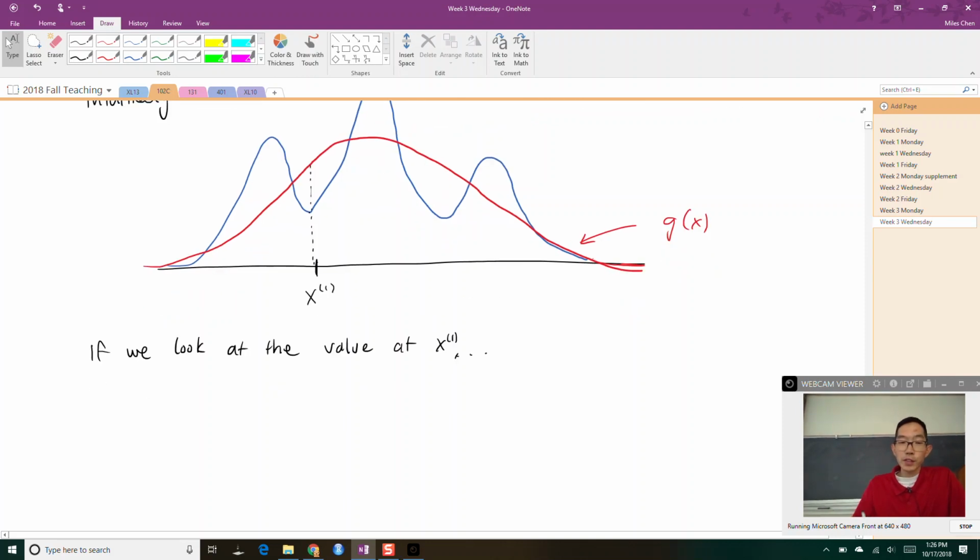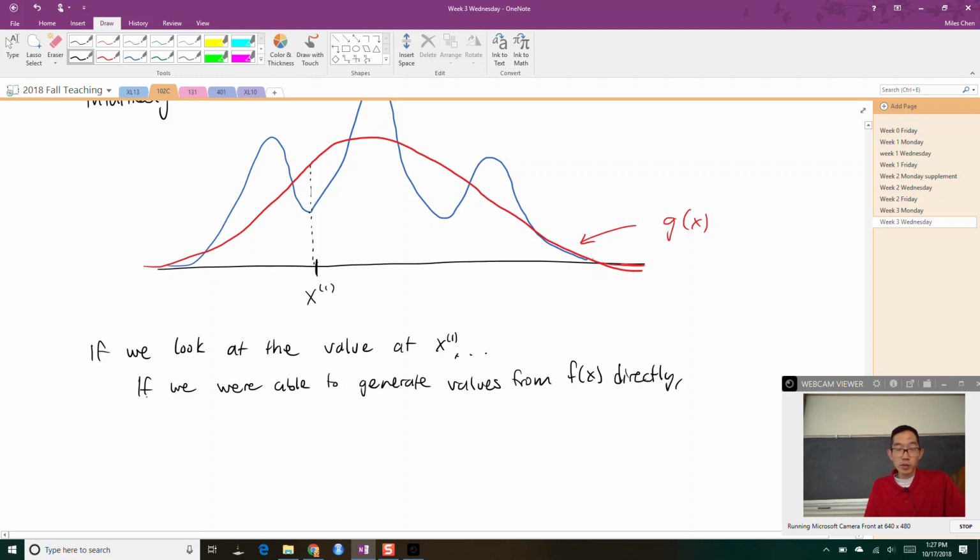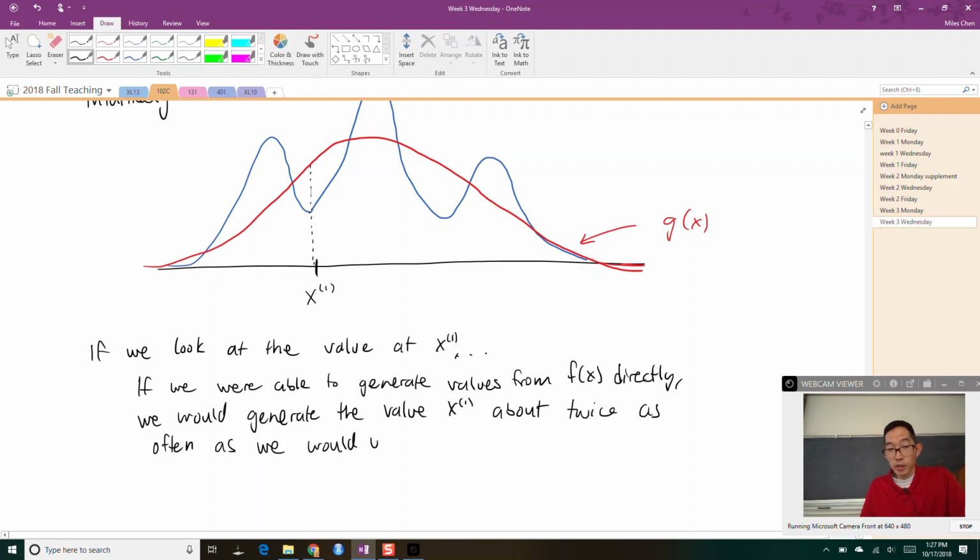If we were able to generate values from f of x directly, we would generate the value x1 about twice as often as we would when we sample from g of x.